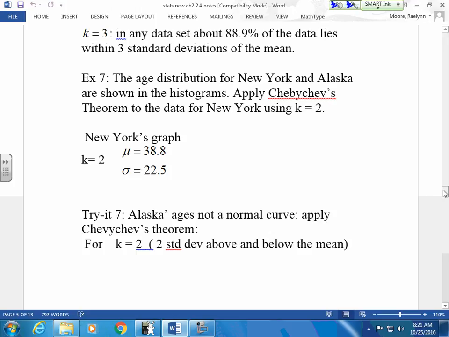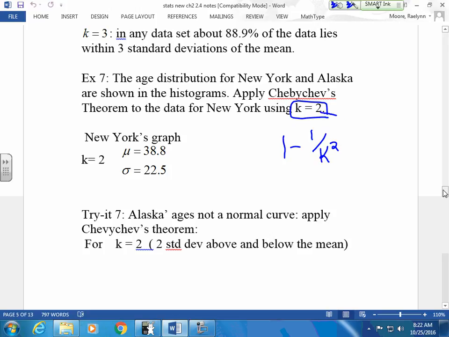He's saying that the age distribution for New York and Alaska are shown in the table that I wrote down here. Here's my mean, here's my standard deviation. He wants us to apply his theorem for 2 standard deviations above the mean. So he has a nice little formula. And all we need to do is this. It's either going to be a 2 or a 3.